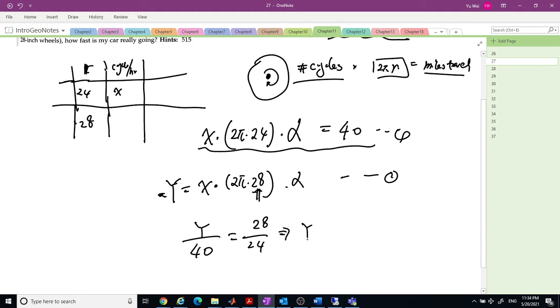So y equals 40 times 7 over 6, which is about 46.67 miles per hour.